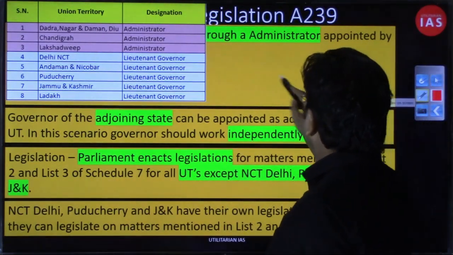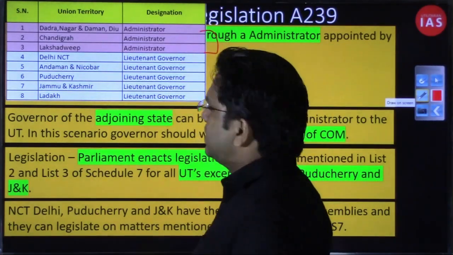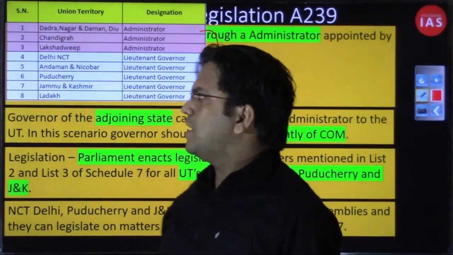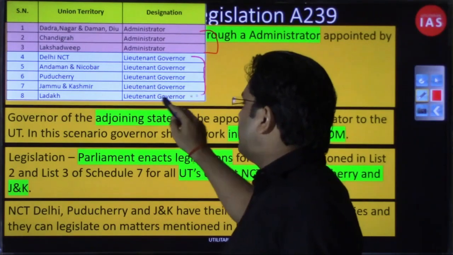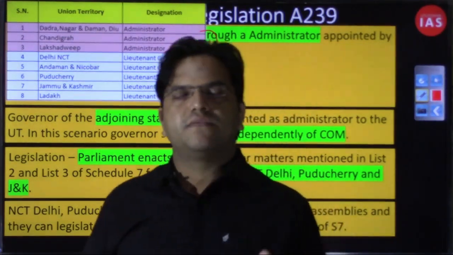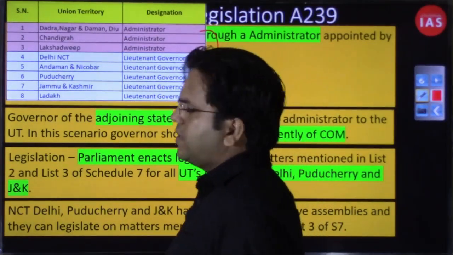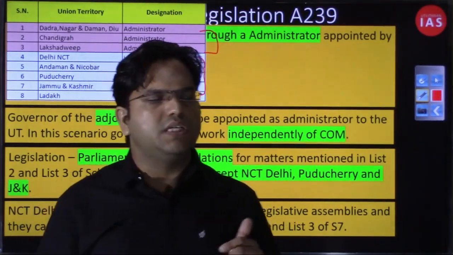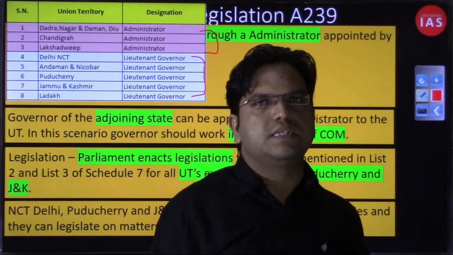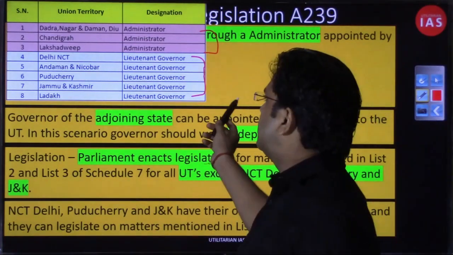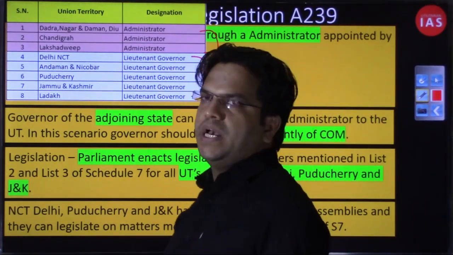So in these 3 union territories, the designation is administrator, while in the other 5 union territories, starting from Jammu and Kashmir, then Ladakh, then Andaman and Nicobar, Delhi, Puducherry, there you have the lieutenant governor and not administrator.